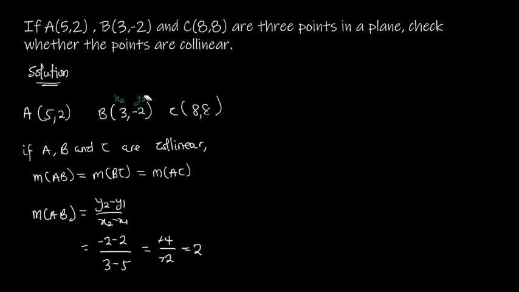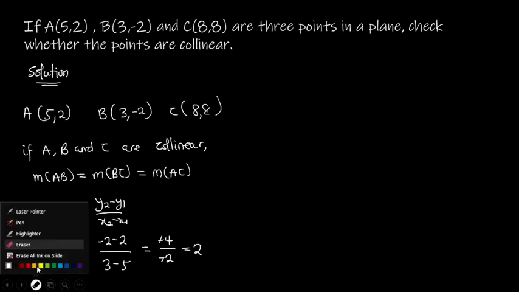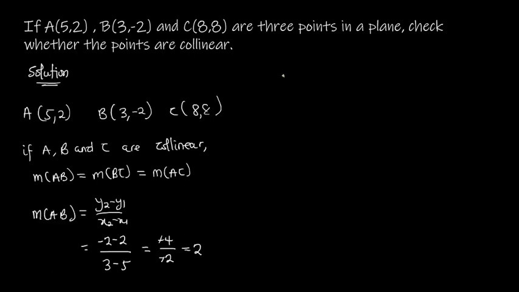Alright, so let's go ahead and calculate the gradient of B and C. So for the gradient of BC, this is equal to y2 minus y1 on x2 minus x1. Because B is our first point, it means that this is my x1, y1, x2, y2.